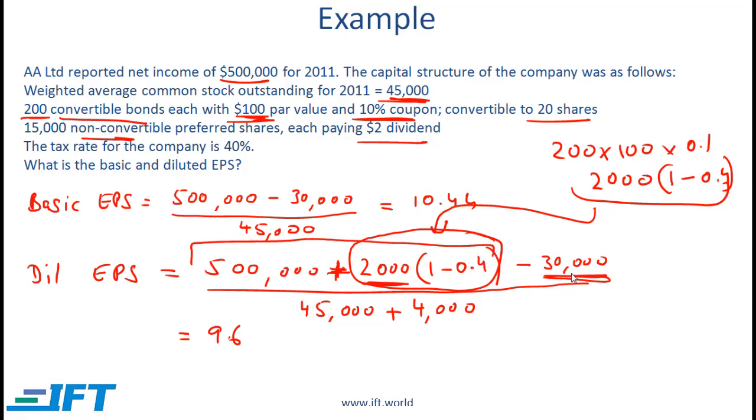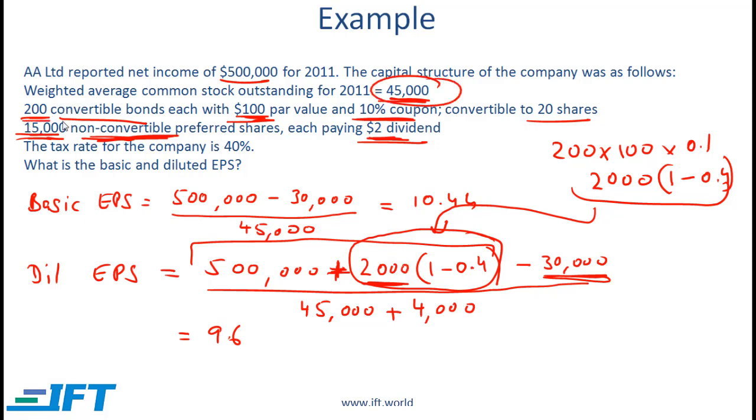The dividend to preferred shareholders still needs to go out because those are non-convertible. The preferred shares are non-convertible, so we subtract 30,000, which is 15,000 into 2, and then divide by 45,000, which is the original number of shares outstanding.